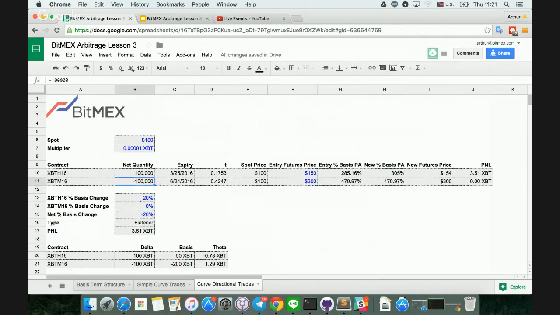We sold something expensive, and we think that the short date will come up in terms of percentage basis. And as this differential narrows, we are flattening the curve and making P&L. Again, also the other direction can happen, whereas the longer dated can come down as well.